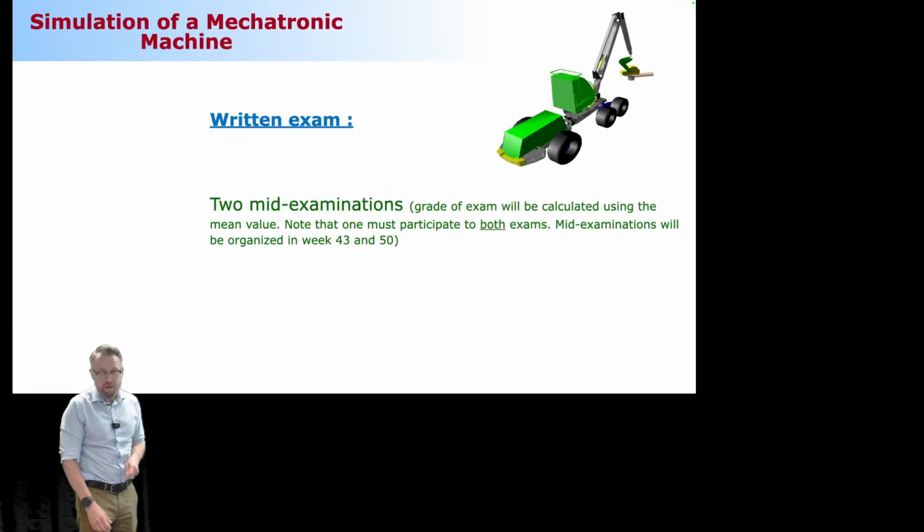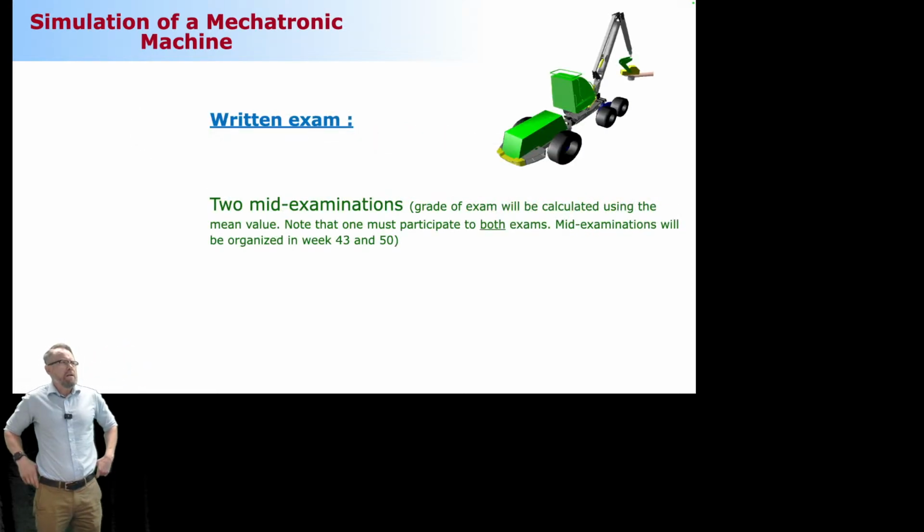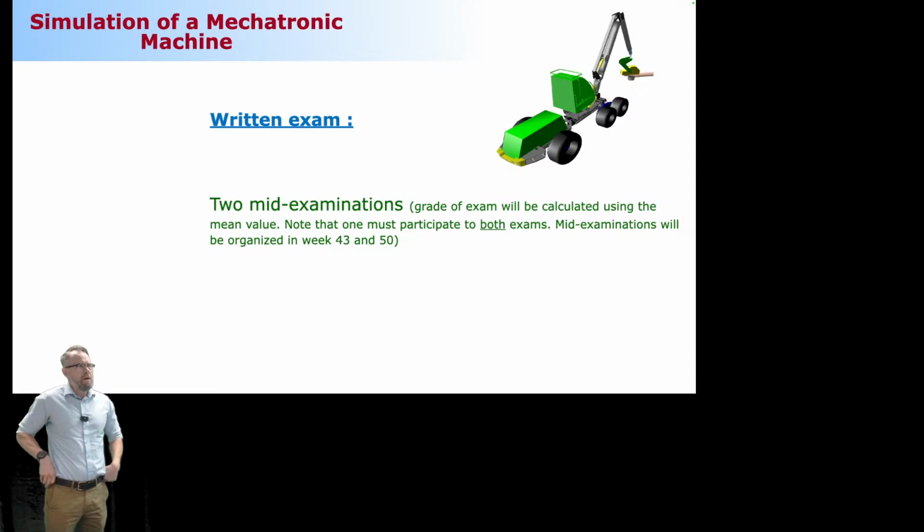For the written exam, there are going to be 2 midterm exams. It is unclear today how we can organize it, because we need to find a way to make sure that you are not using ChatGPT excessively. It's okay to use ChatGPT, but we would like you to learn something, not just have ChatGPT learn something.